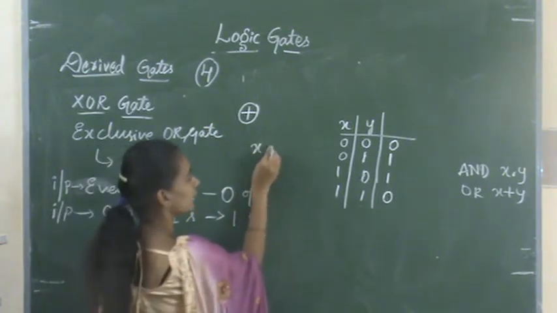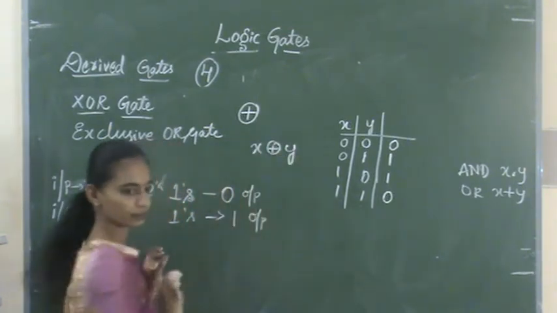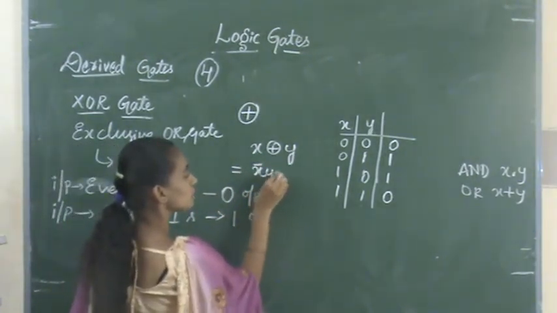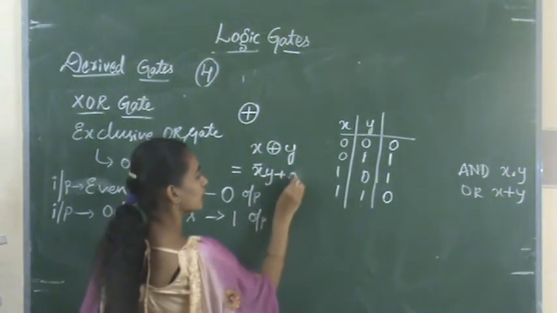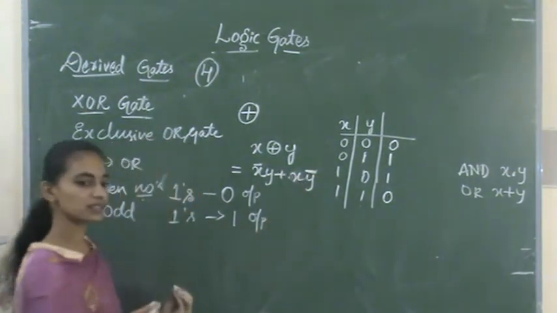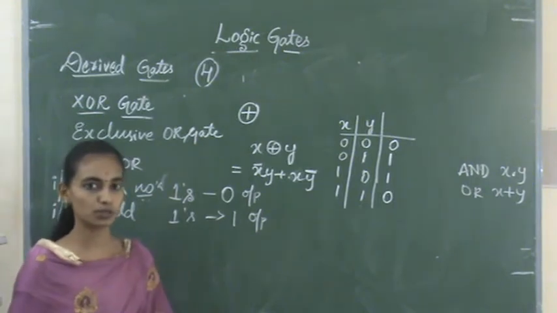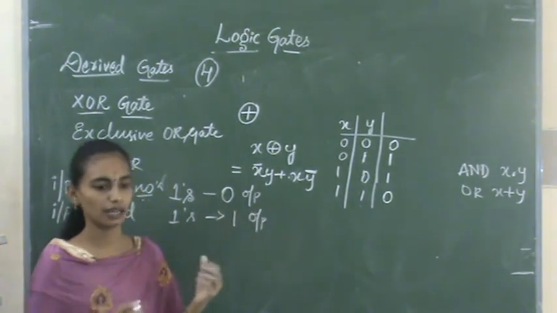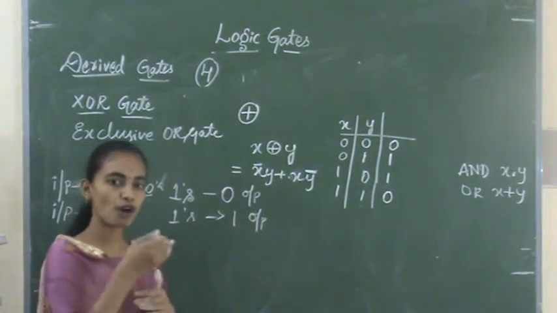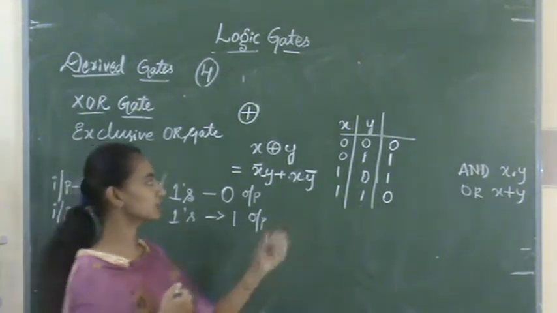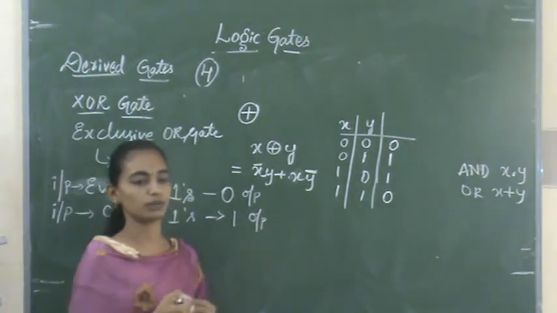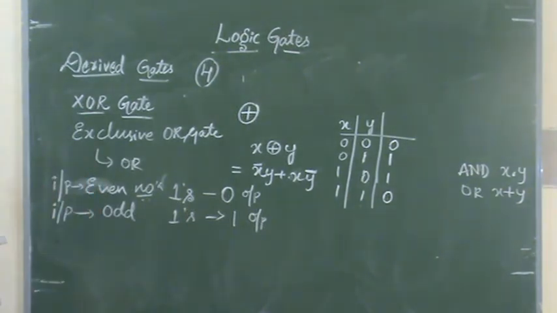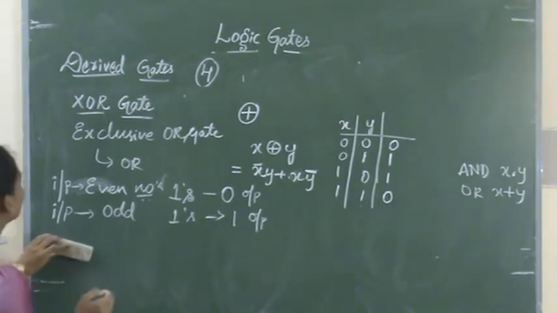This represents x XOR y. This is equivalent to x bar y plus x y bar. Means one variable is complemented and ANDed with the other variable, and then ORed with the normal variable ANDed with the complement of the other variable. So I will show how to represent the logic symbol for this.